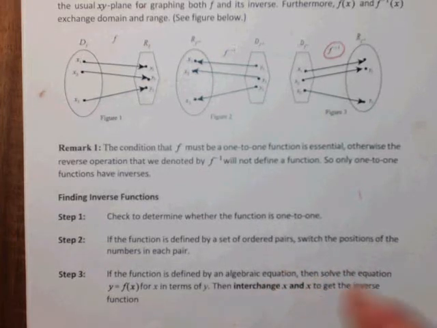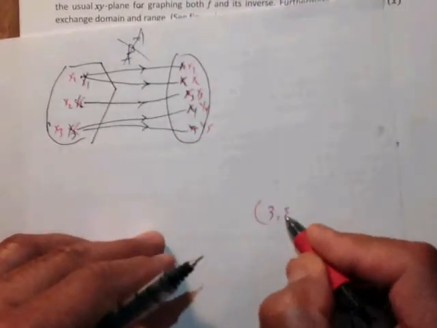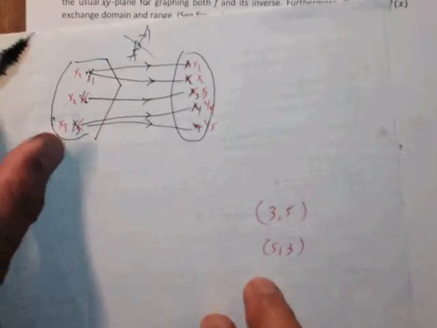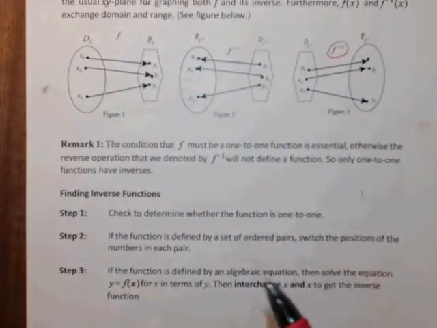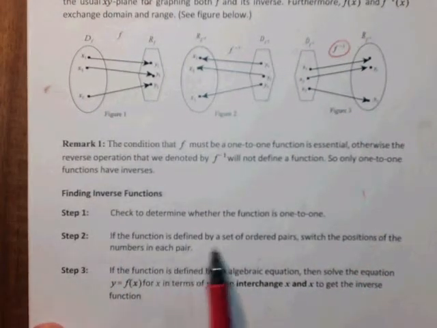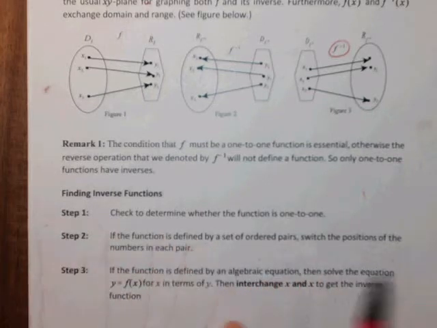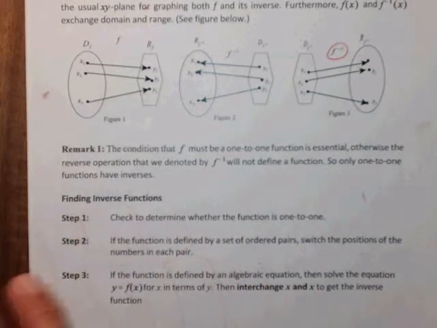Like if I have 3 and 5, then I make it 5 and 3. You flip every one of them. If you have a bunch of ordered pairs, just switch the first number and second number in each, like flipping mini pancakes.